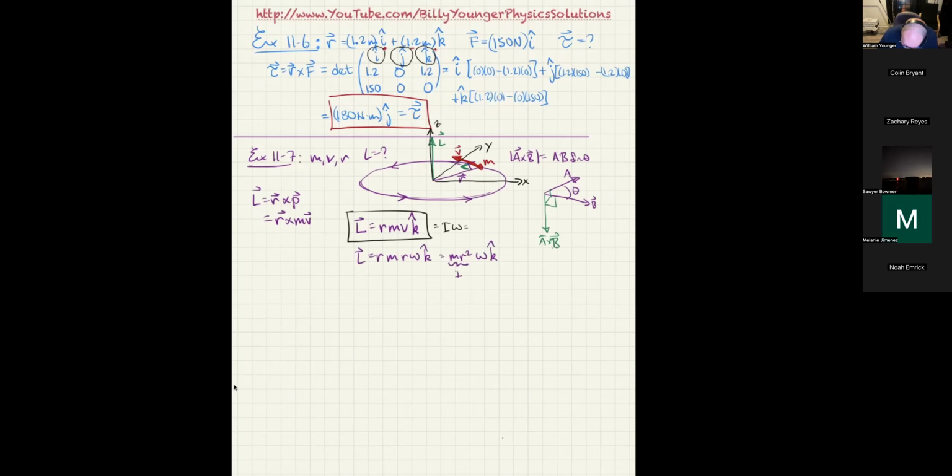And this is exactly what I told you was the moment of inertia for a point particle going in a circle of radius r. So now we have yet another version as well. So we can say L is I omega as a vector quantity, but we can also say it's R cross P as well. Any questions on that?